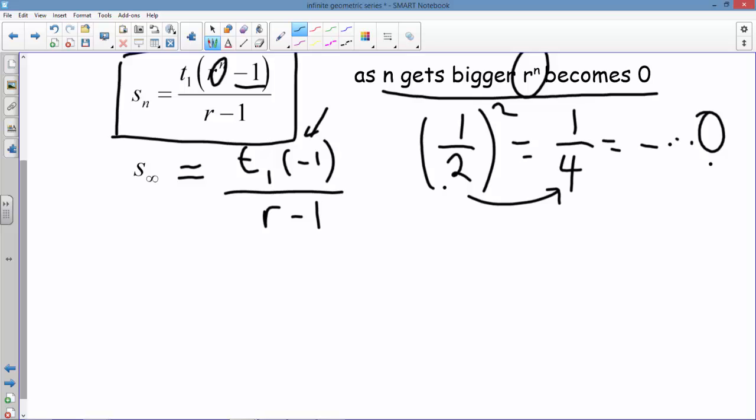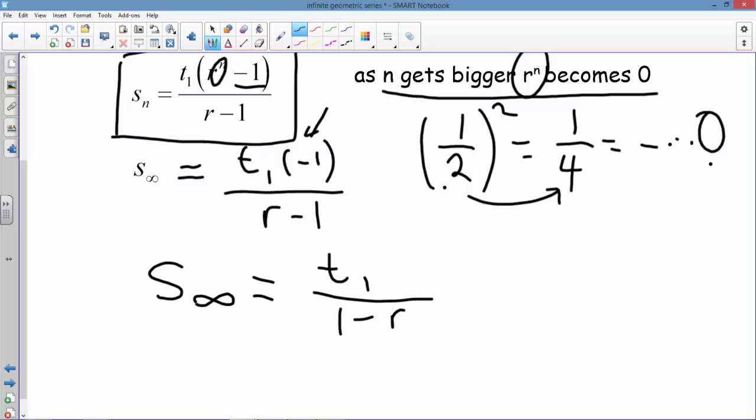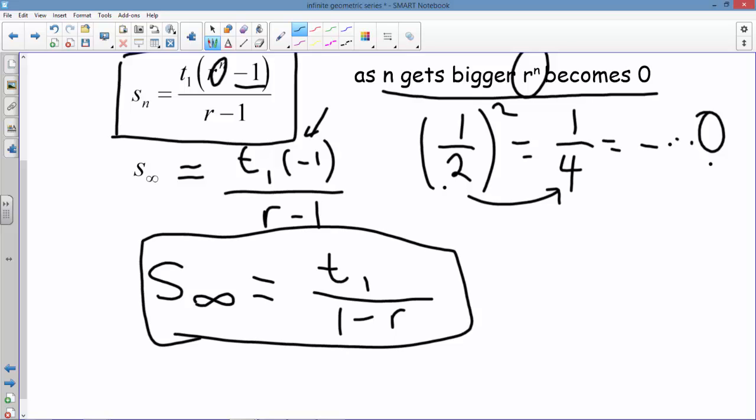So the sum of an infinite geometric series is t1 over 1 minus r. That just gets the sign right for us and we don't have to worry about it. But there's the formula, simply because this part here becomes 0. So you need to stop the video and write down the formula. Again, this is only for a convergent series.